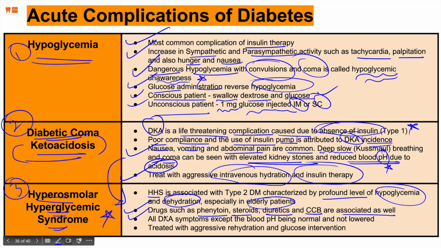All of the features of diabetic coma and ketoacidosis are present except for the blood pH levels. They're normal. They're not lowered like in DKA cases where they're acidic because of acidosis. HHS is not acidic. Therefore, all you gotta do is treat it aggressively with rehydration and glucose intervention.